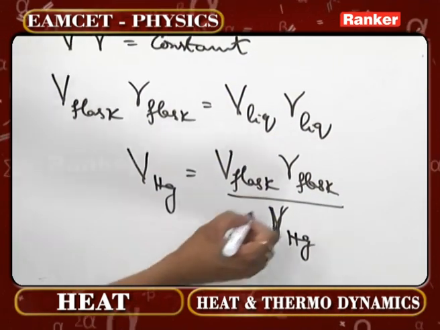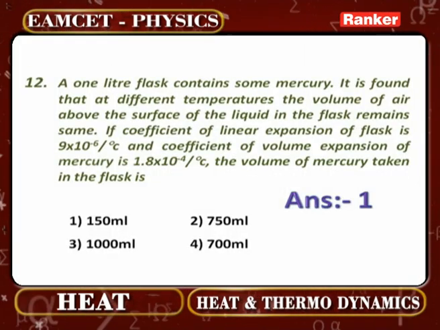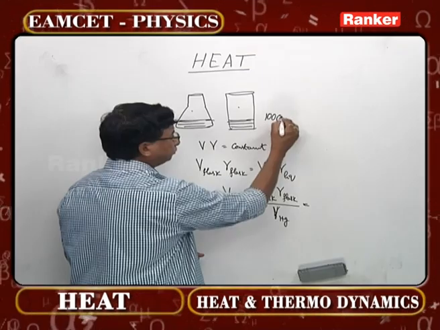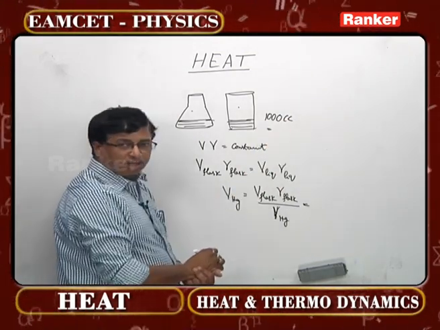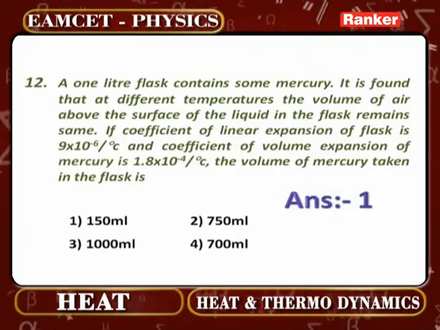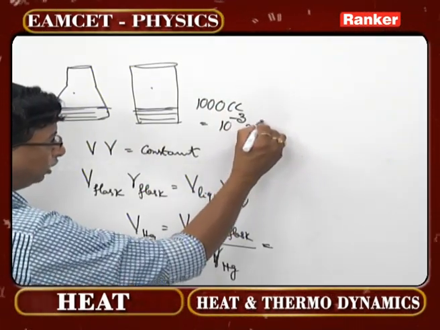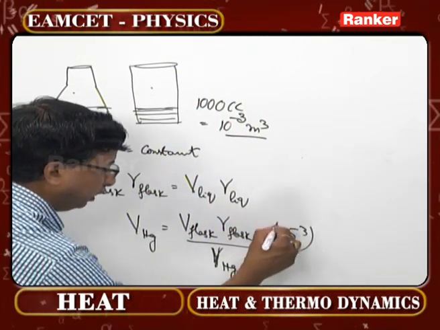Now let us check the volume of the flask. 1 liter is 1000 cc. A cubic centimeter can be written as 10 power minus 6 meter cube, so automatically it comes to 10 power minus 3 meter cube. That is the volume, so 10 power minus 3 you should write.